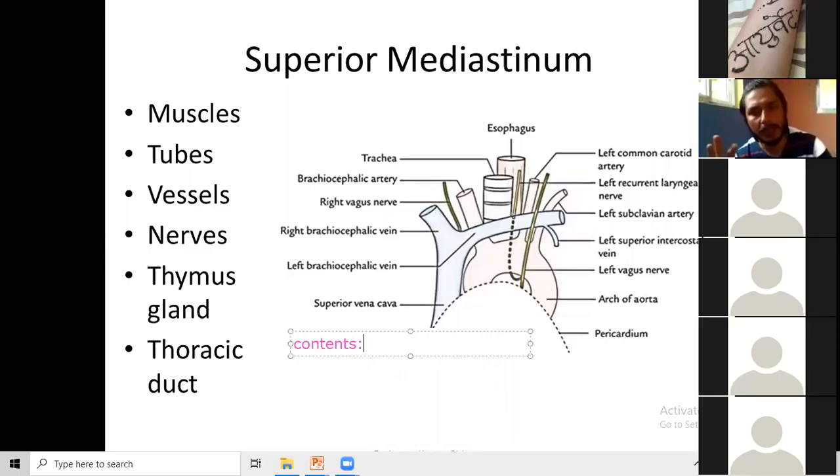We'll see some muscles, some tubular structures, some vessels, some nerves, and some glands also in the superior mediastinum. Or directly you can list the contents also, no need to classify under subheadings. So some muscles we will see in that region.